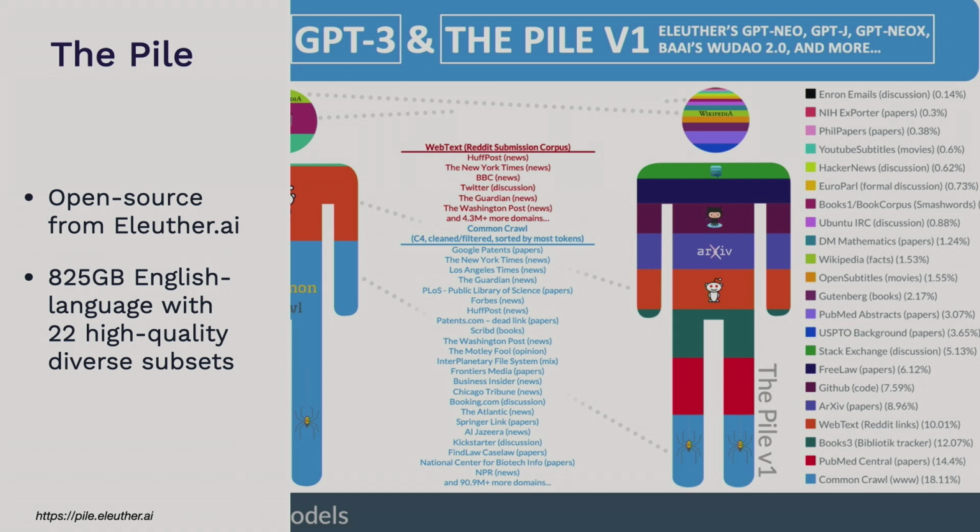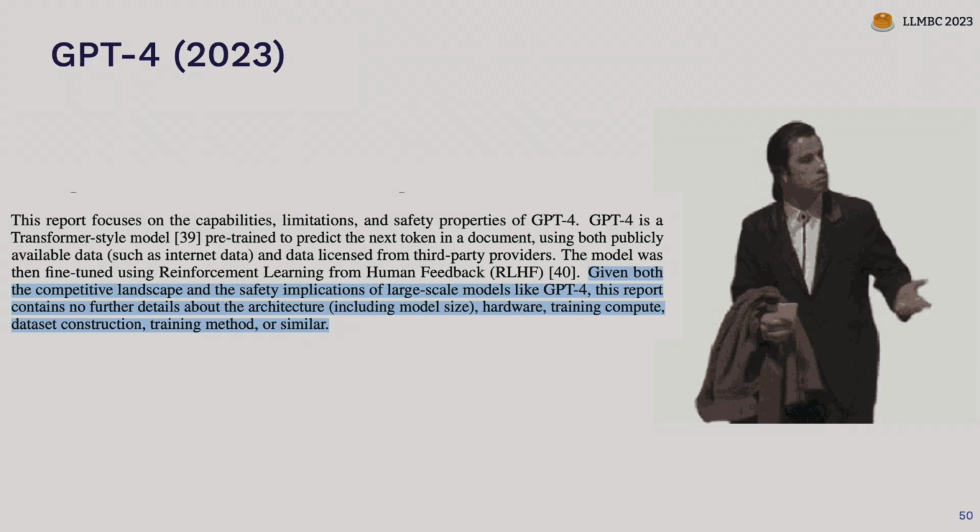The closest thing to an open source equivalent is from a company called Eleuther, and it's a data set called the Pile, which is about 825 gigabytes of English language data with lots of different high quality and diverse subsets. So it's not just one data modality, but data from all kinds of different places on the internet. GPT-4 started the era where not only did they not release the data set, but they also didn't really talk about what is in it, unfortunately.